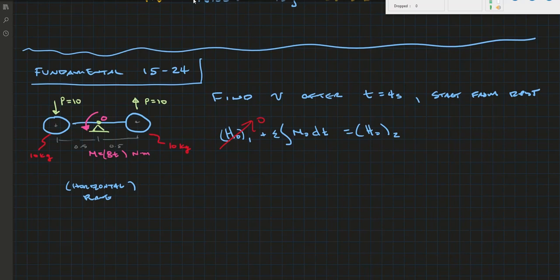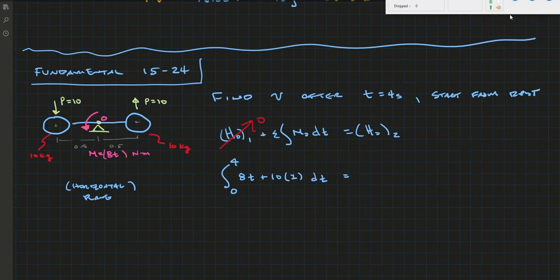That leaves us with this for our sum of moments. 8t is an applied moment about O, and we're taking moments about O. The way to calculate this couple moment is the distance between the two forces times the force, so 10 times 1. Let's take that from 0 to 4 seconds, which is part of the problem statement. And then this equals our final angular momentum.